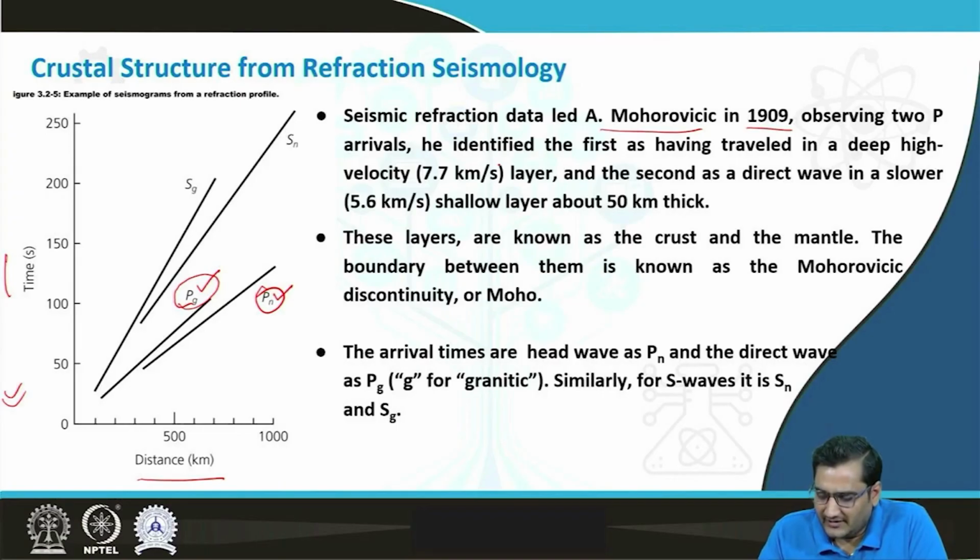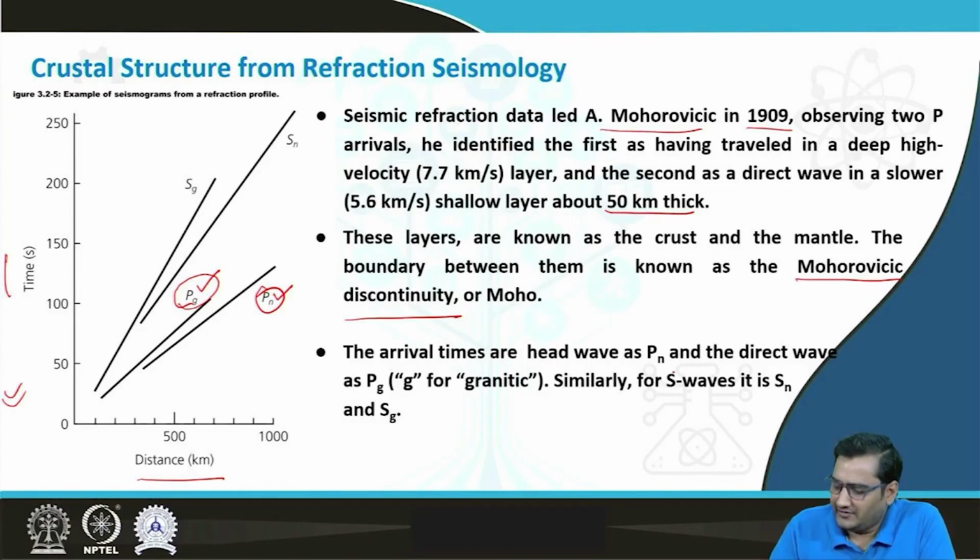Using his data, he also found the thickness of the crust, which was about 50 km, and then he identified the boundary along which the Pn wave was traveling between those two layers as the Mohorovičić discontinuity. This is the discontinuity which separates the crust from the mantle.